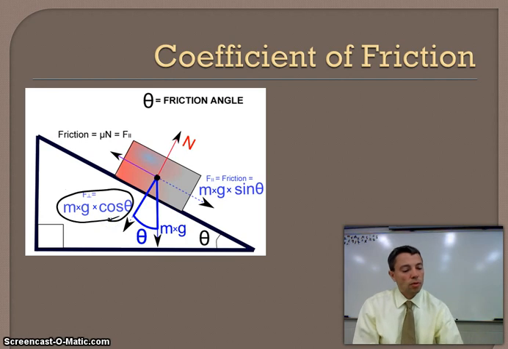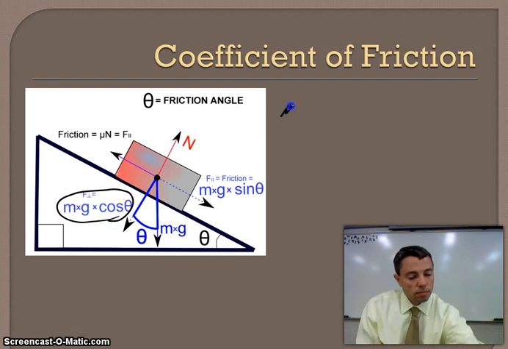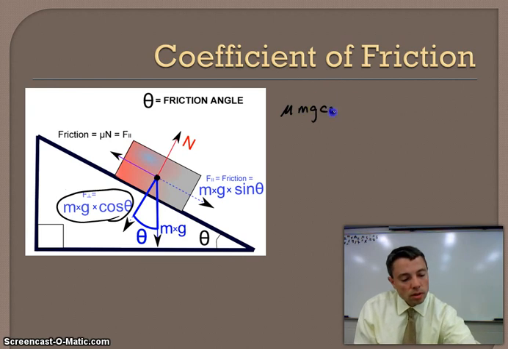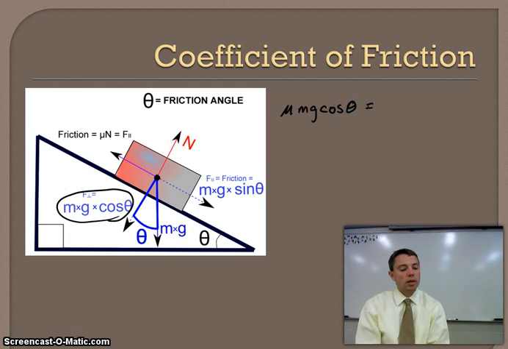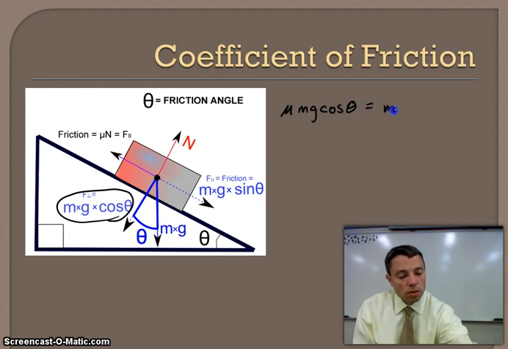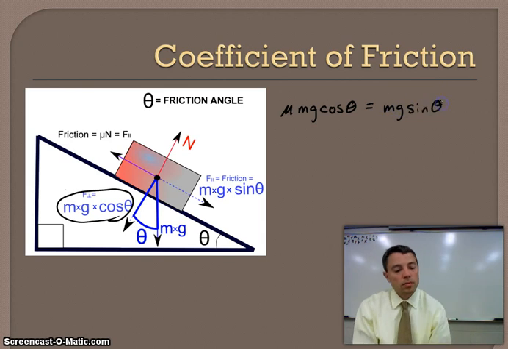So in other words, my coefficient of friction times mg cosine theta is going to be equal to my force parallel, or mg sine theta.